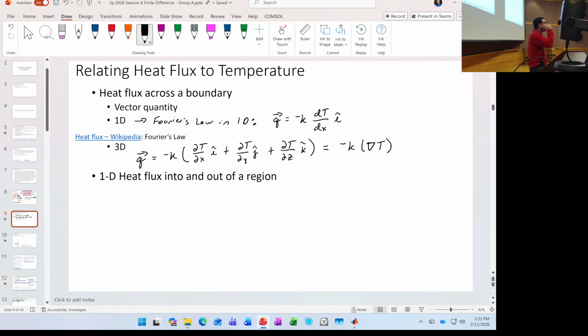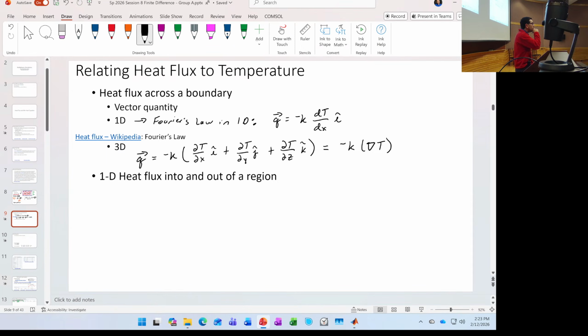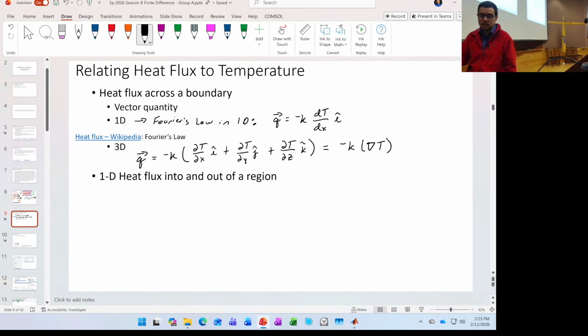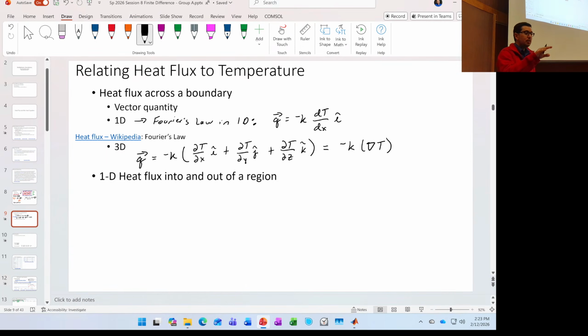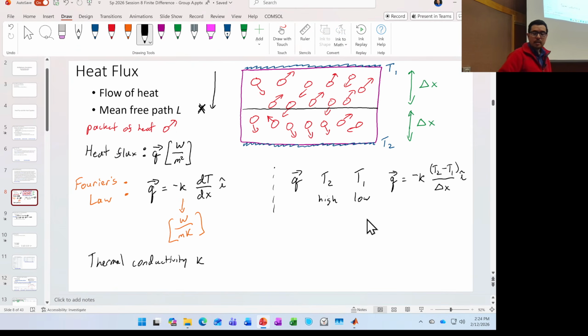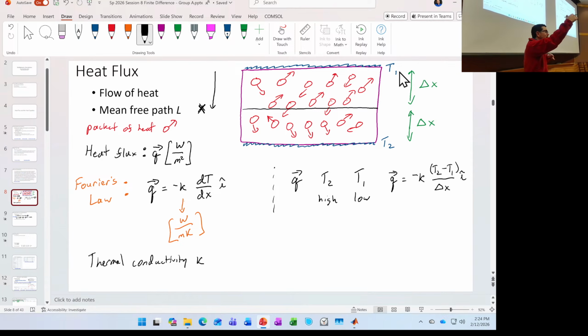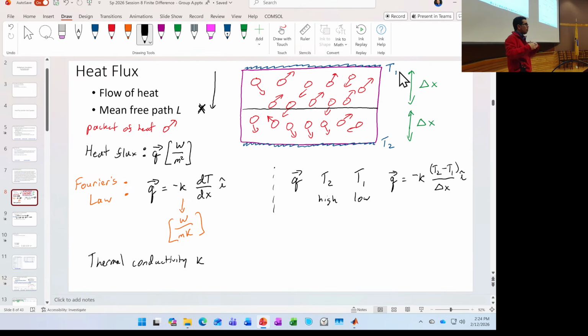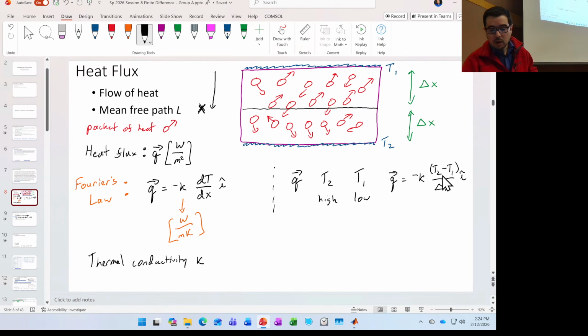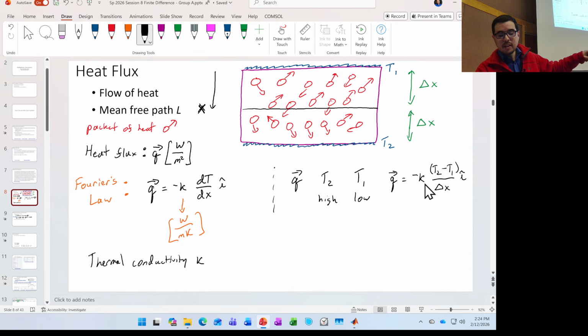Yes, Kevin. Why is k negative? Well, k is a positive number in terms of thermal conductivity, but the reason for the negative is that the more x value minus the less x value, times k, would give us flow in the opposite direction.